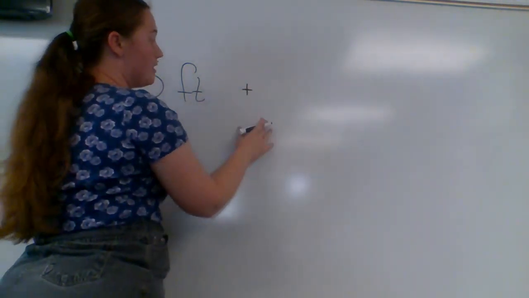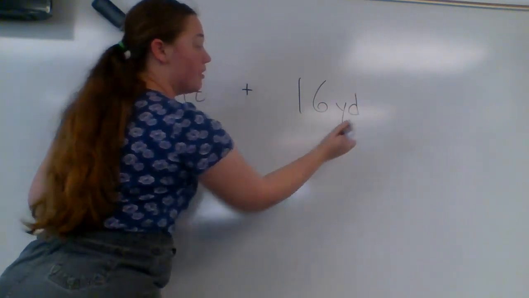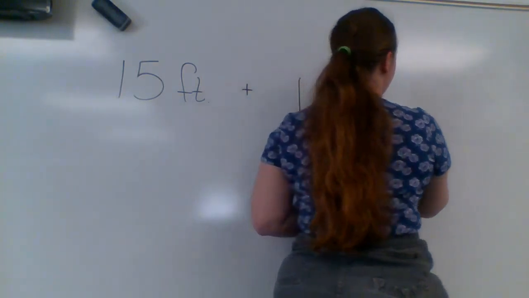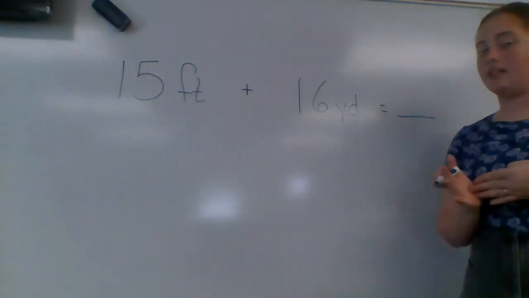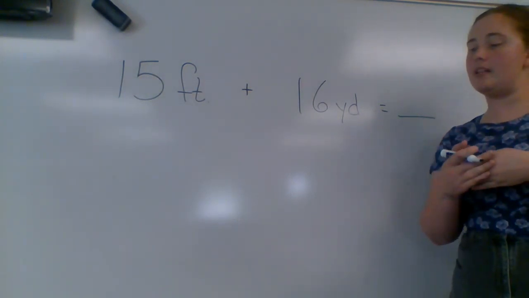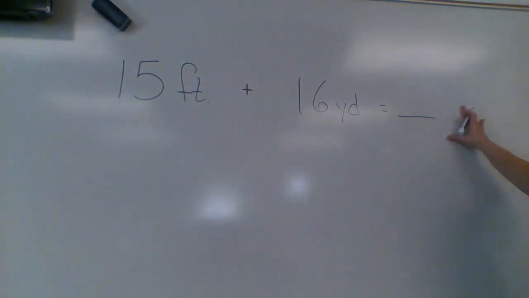So it's plus 16 yards. Now, my final answer is going to be blank what? What did I say my final answer? How many? Look at your short problem. How many? Right. How many feet of wood? So my final answer needs to be in feet.